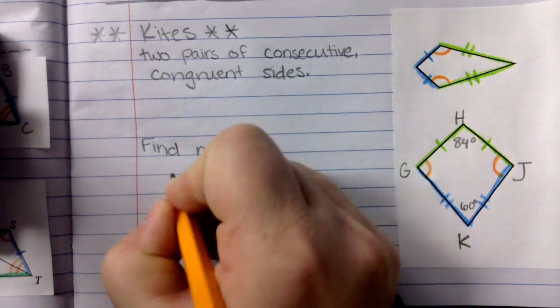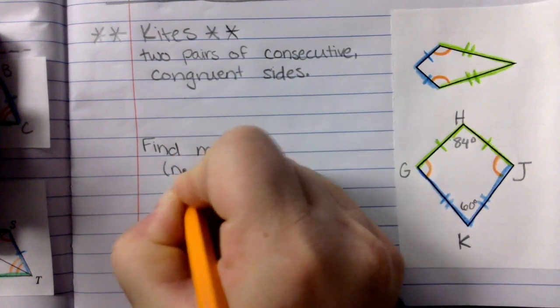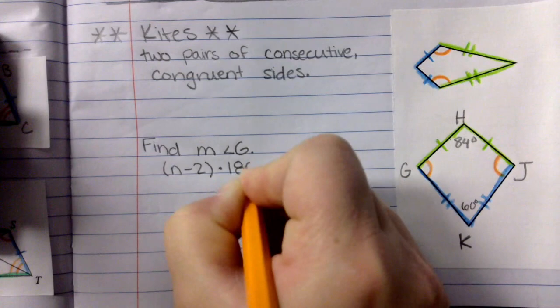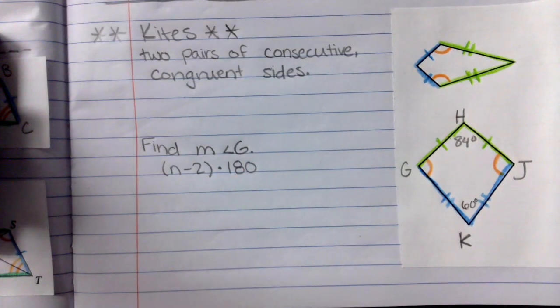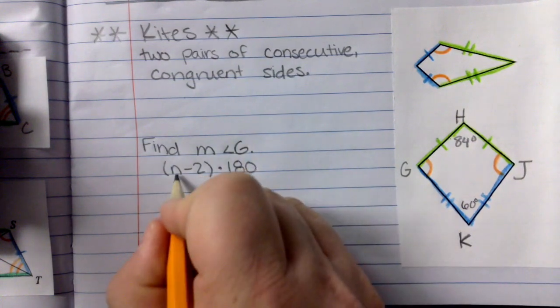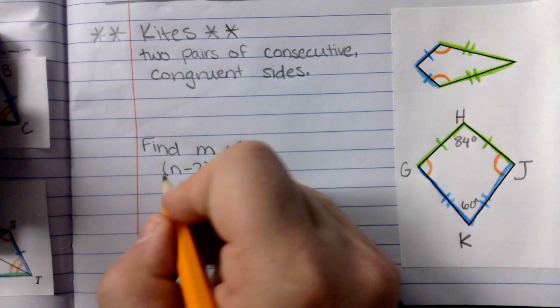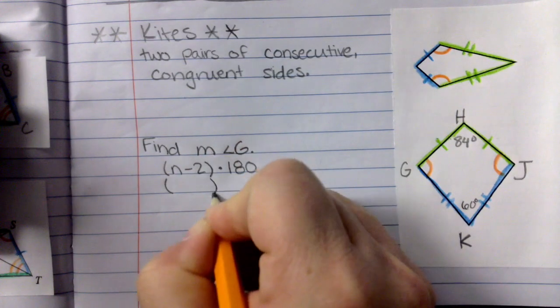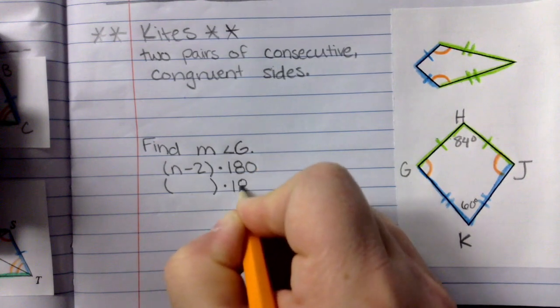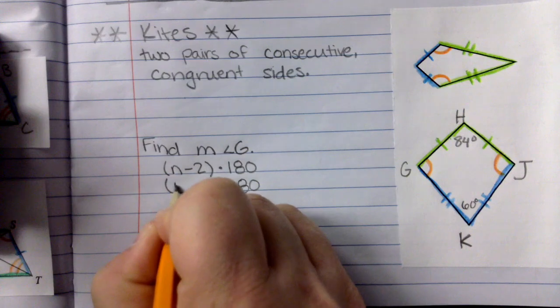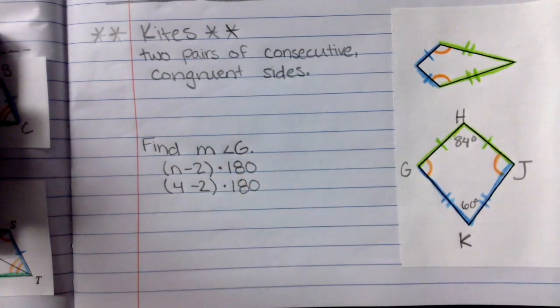So that n stands for what? Good, you jumped ahead. What does n stand for? Number of sides. So how many sides do we have? 4. So 4 minus 2 is 2. 2 times 180 is 360. So I know all four of those angles are going to add up to 360.